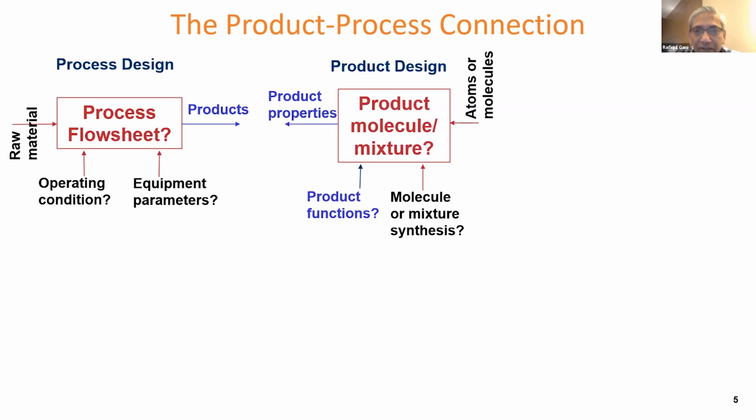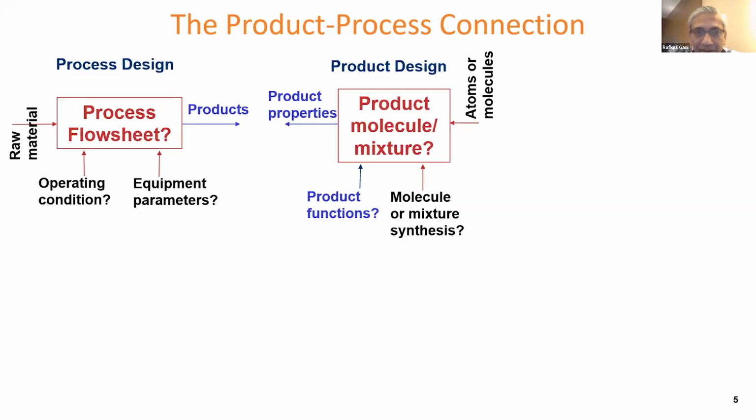We can look at the product design problem similarly. We have atoms and molecules that we need to combine together to form a product whose properties should be the properties that the process is making. But the product also has functions that need to be matched, and we manipulate the molecules and mixtures to get that product that we need.